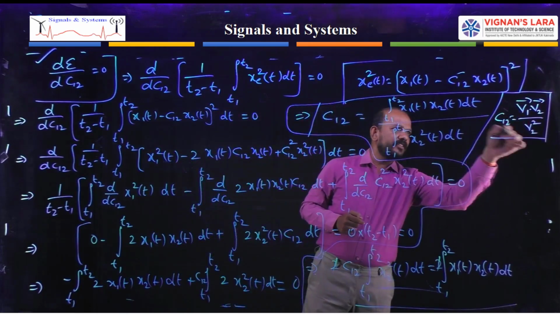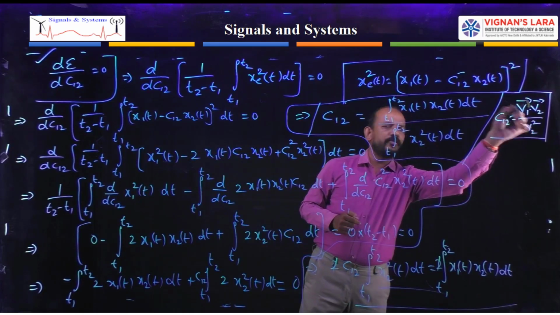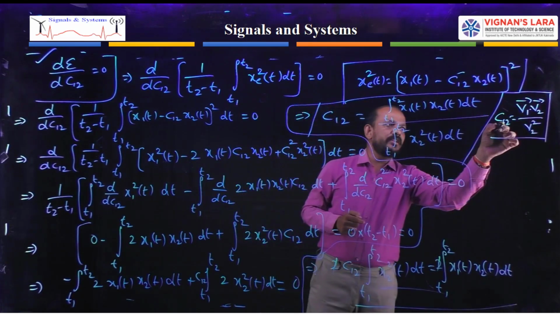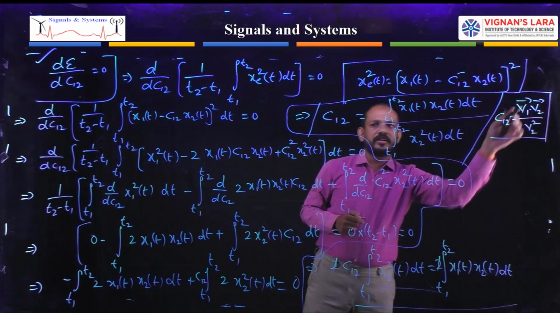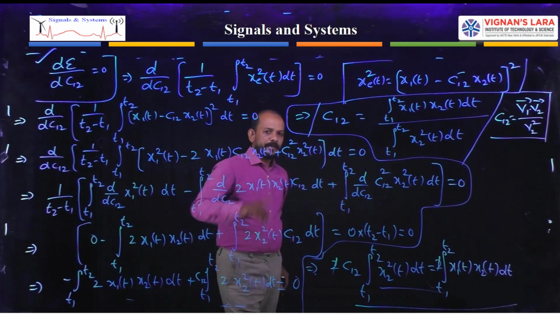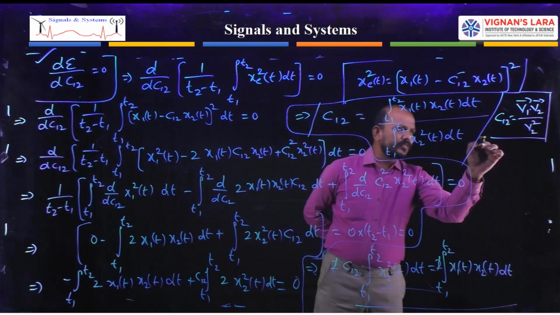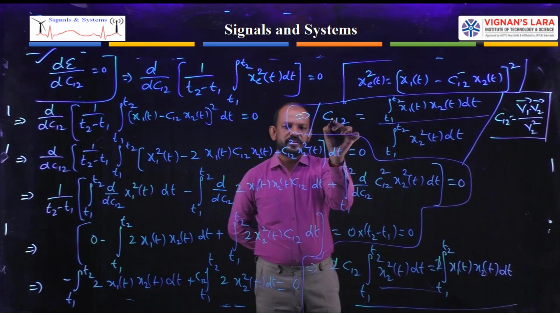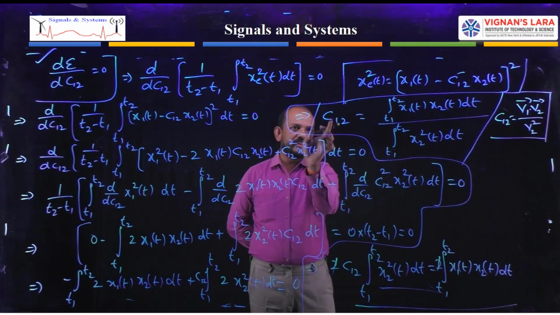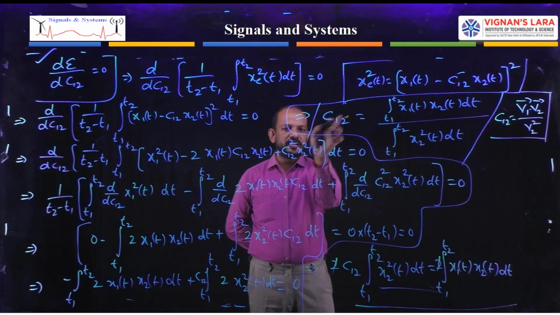Because I am going for the analogy between vectors and signals, this is the equation for C12 in the case of vectors, and this is the equation for C12 in the case of signals. If the C12 value is 0, the two vectors are orthogonal; in the same way, the two signals are orthogonal. If we put 0 here, the denominator cross multiplies, and the denominator times 0 is 0.